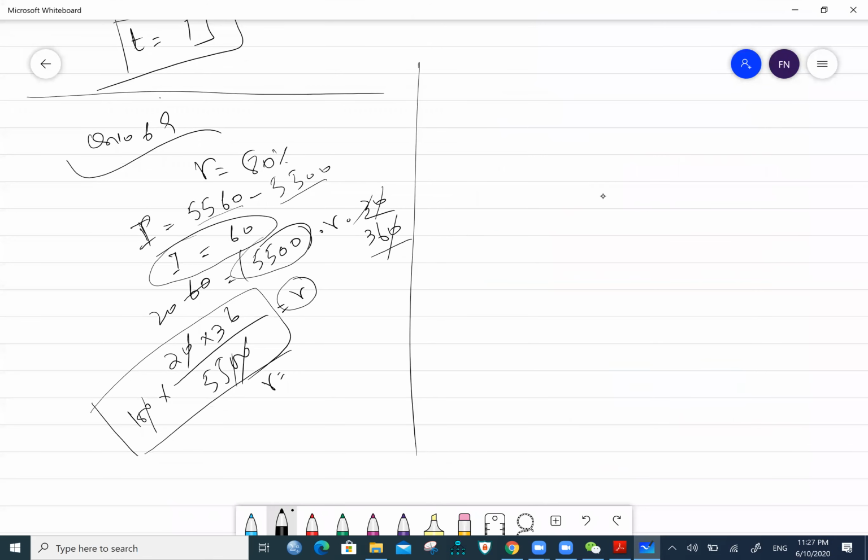If you are given 2 months, there are 12 months in 1 year, so I divide by 12.